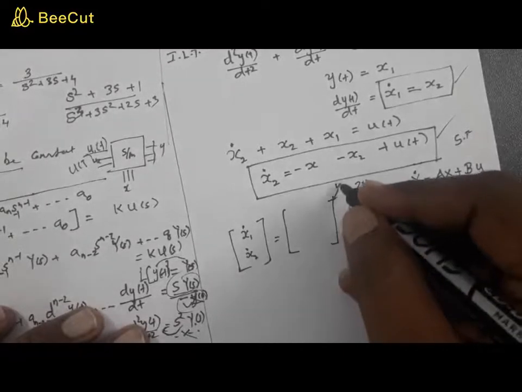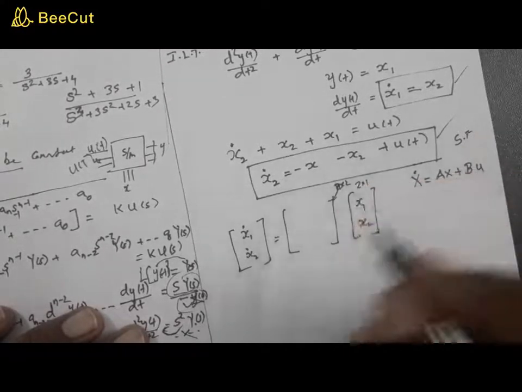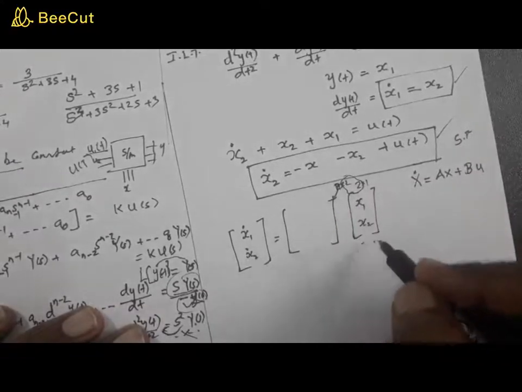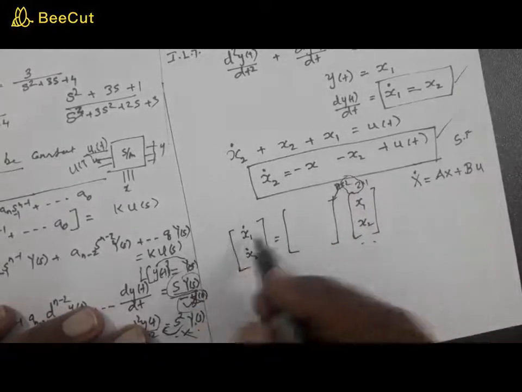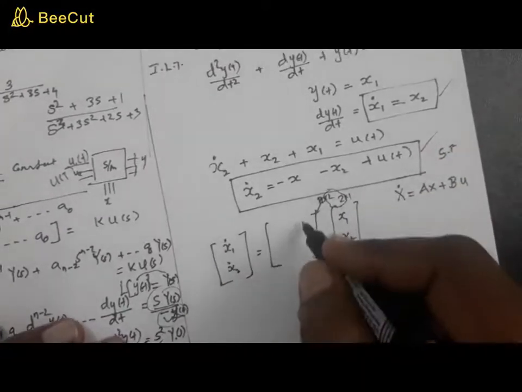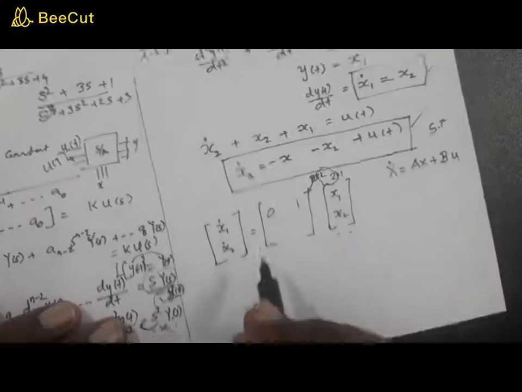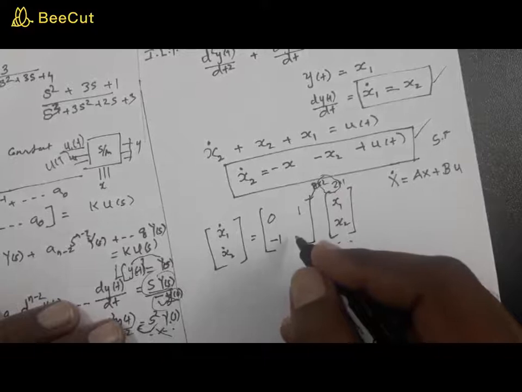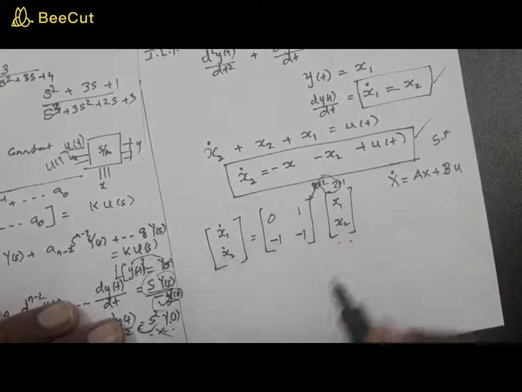This is multipliable and results in a 2 into 1 matrix. Looking at the first equation, you have only x2, that is 0 1. Then for x2 dot, you have a minus 1 and again a minus 1.